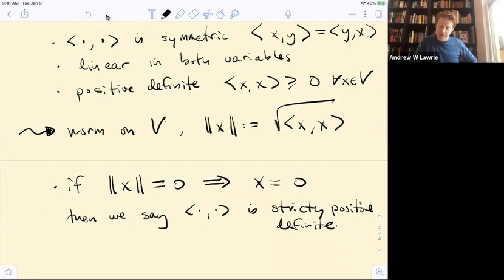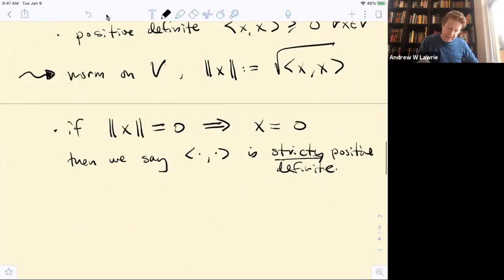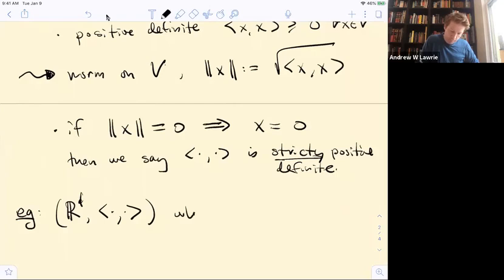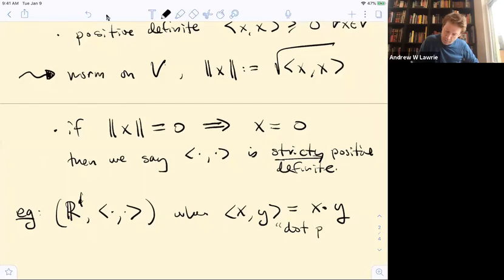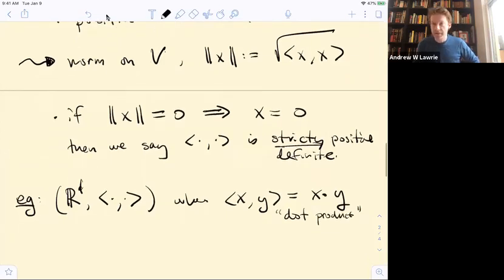Okay, so this is just some language. An example of a real inner product space is R^d, where the inner product of two vectors in R^d is just given by their dot product, the familiar dot product from calculus.